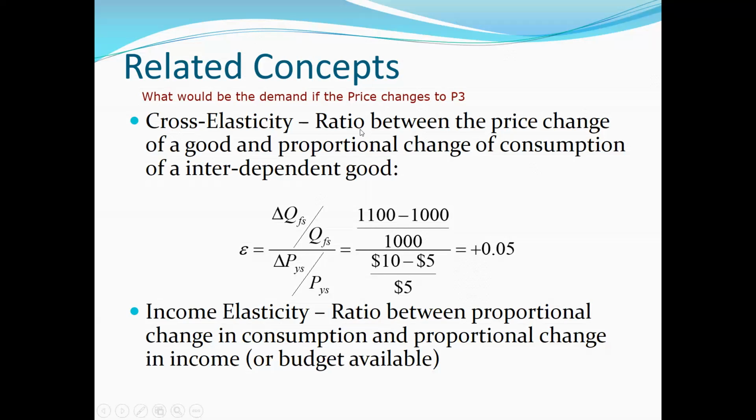Cross elasticity is the ratio between the price change of a good and the proportional change of consumption of an interdependent good. The interdependent good in this case was the floor space as the price of yard space changed from $5 to $10. What would that do to the demand of floor space? It might increase it, and that's why the cross elasticity could be positive.